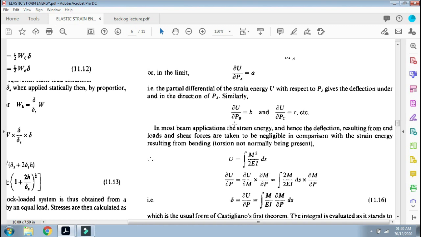So partial U over partial PB equals delta B, and partial U over partial PC equals delta C.